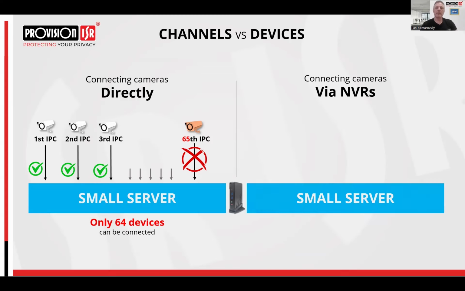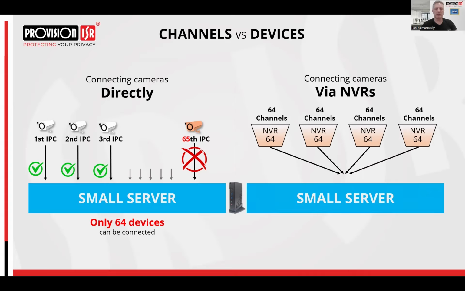But if you're going to use NVR, let's, for example, take an NVR with 64 channels and another NVR with 64 channels and another one, and each one is bringing you 64 cameras. In total, you have 4 devices, which means that you are connected basically to some centralized points, and each one is bringing 64 cameras.